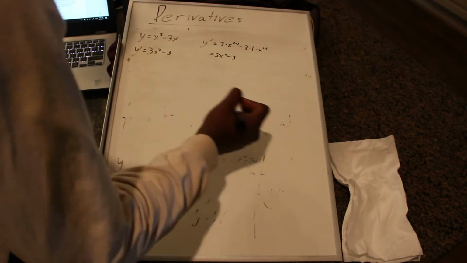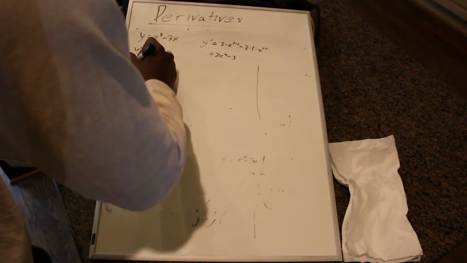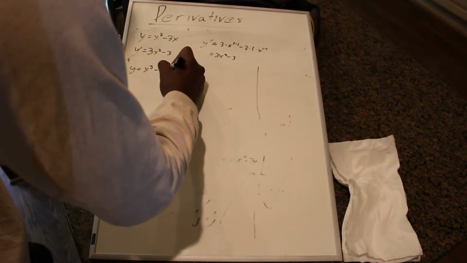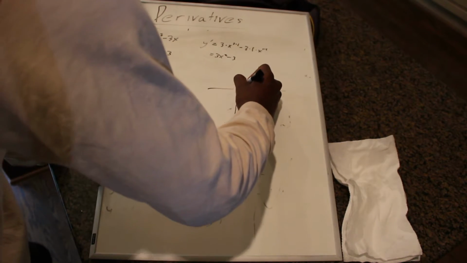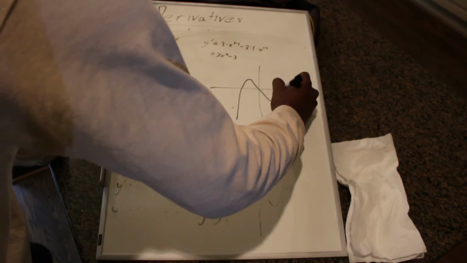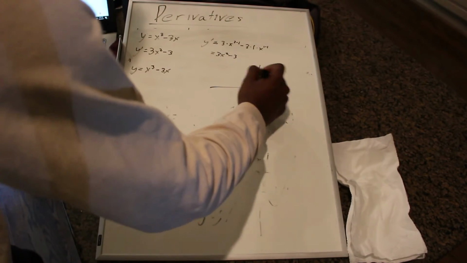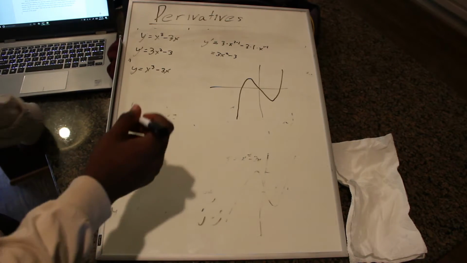So let's start with the critical points on a graph. If we take our lovely equation, bring it down one more spot, we're given a graph that looks like this. As you can see, there are points where we have relative maximums and minimums.